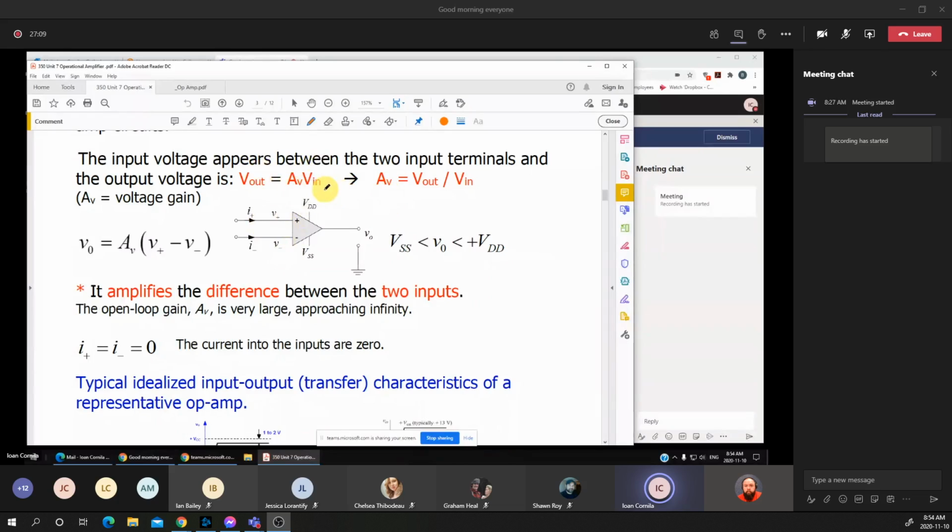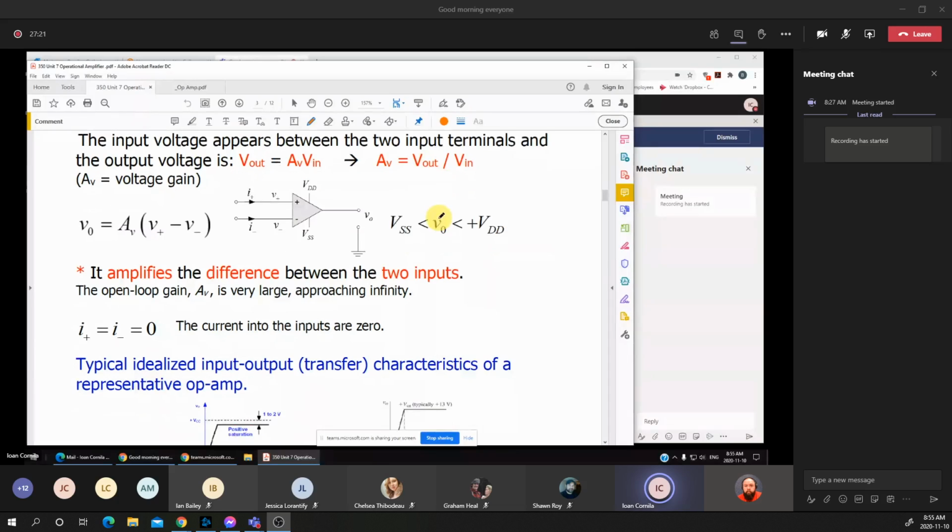From this equation, I can rearrange it to find the equation for the AV, or the gain in voltage, as the V out over the V in.